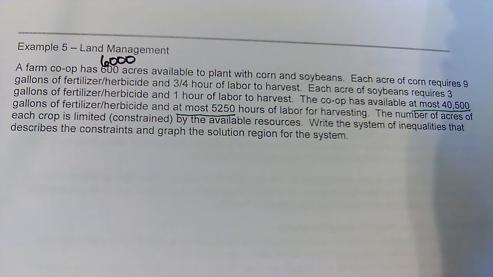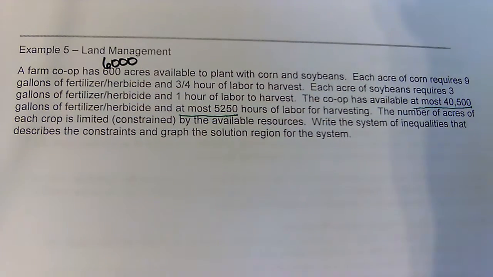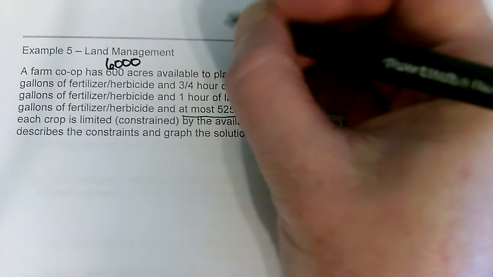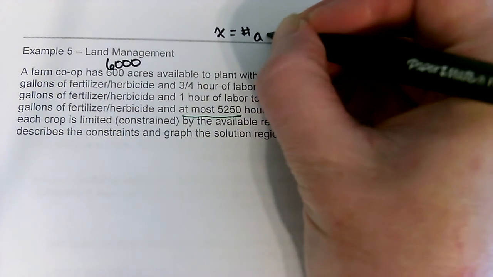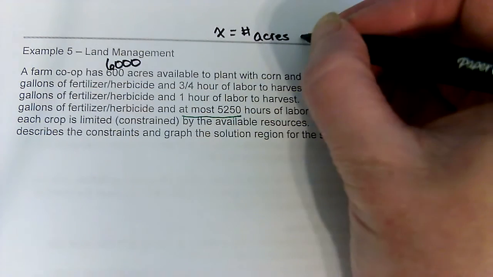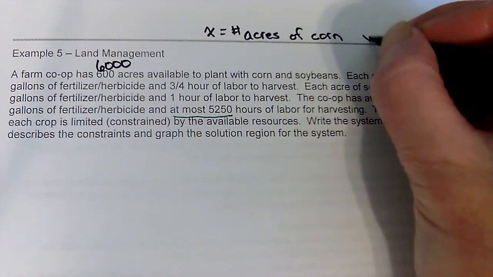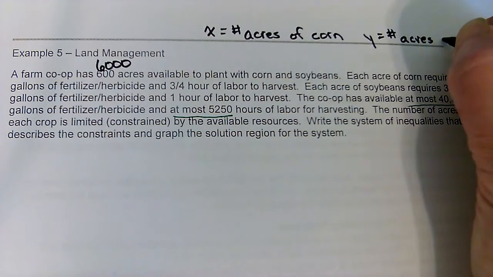The number of acres of each crop is limited, or constrained, by those available resources, and we want to write a system of inequalities that describes this. So let's let X be the number of acres of corn, and Y be the number of acres of soybeans.